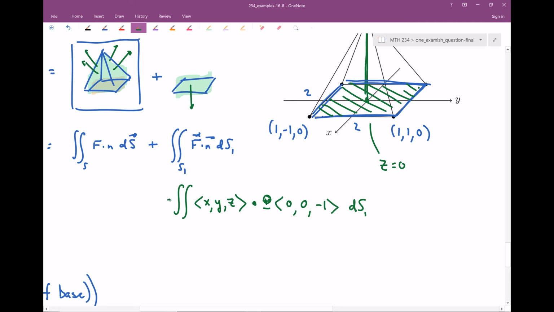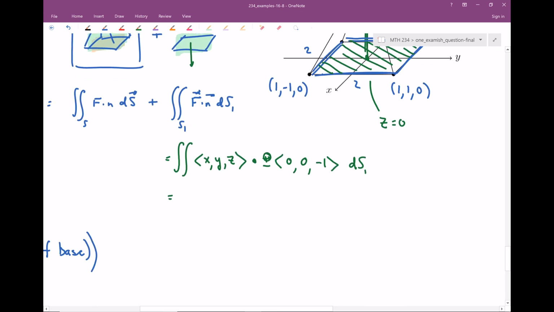And so when I go ahead and calculate this dot product, we're going to have x times 0, y times 0, z times -1. So that's going to be the integral of -z. Okay, but remember, we're on the plane z equals 0.